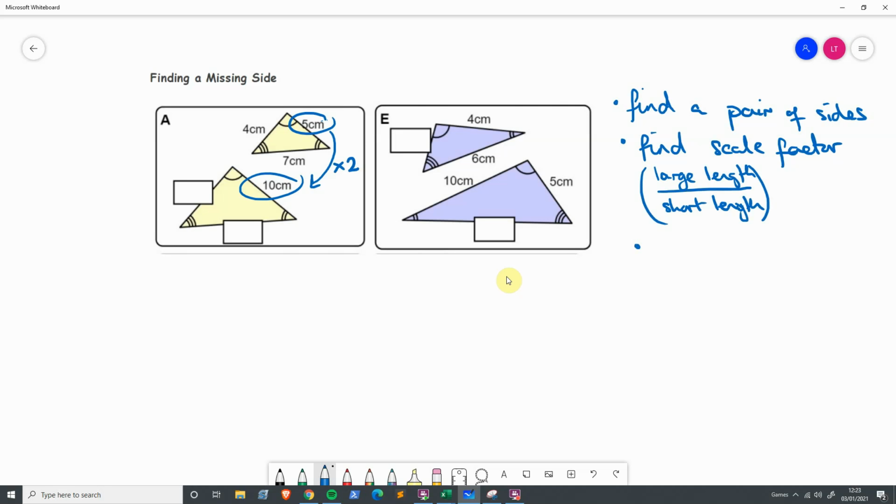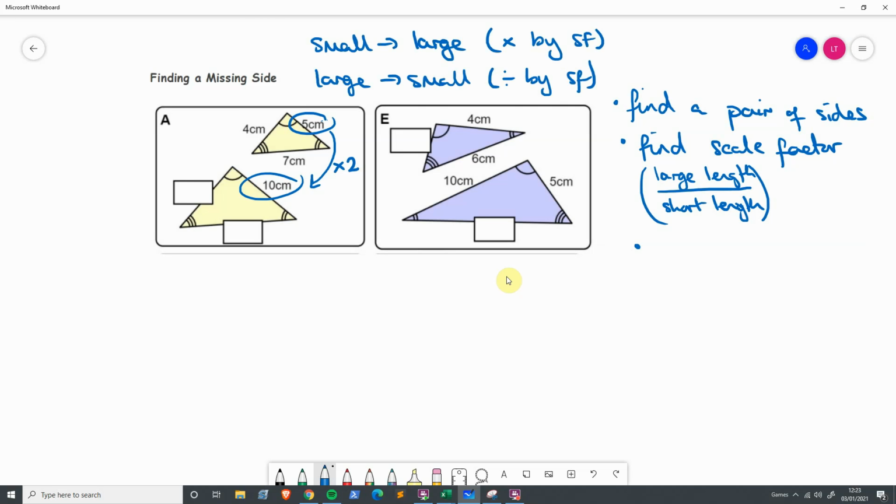If we're going from small to large, then we times by the scale factor. And if we're going from large to small, we divide by the scale factor. And that would be my final step up there.